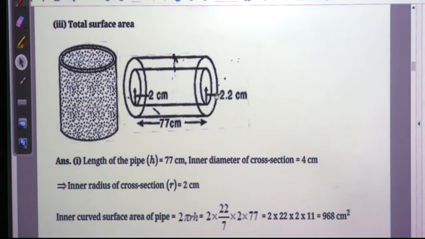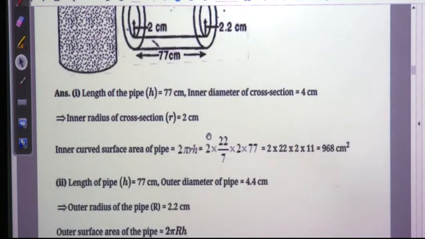The outer diameter is 4.4, means the outer radius is 2.2, and what about the inner? Inner diameter is 4 centimeter. So, inner radius is 2 centimeter. Okay. Let us see the calculations.